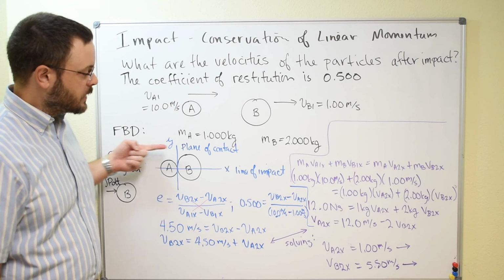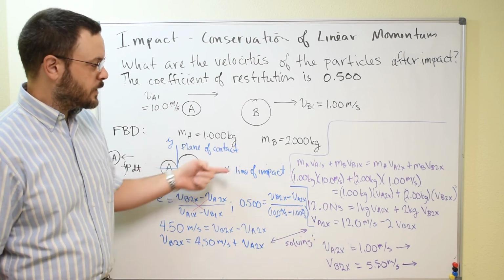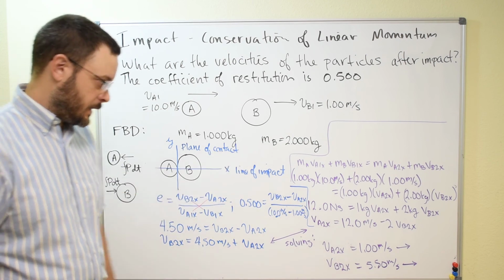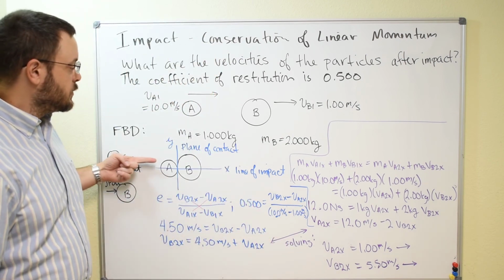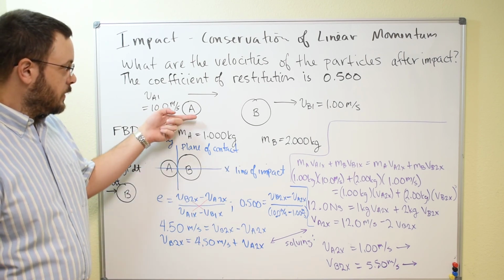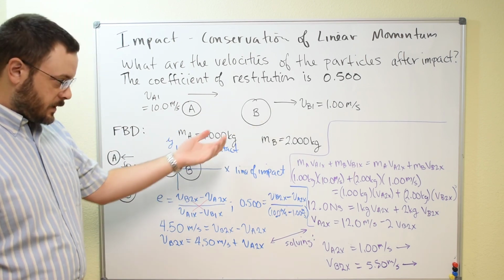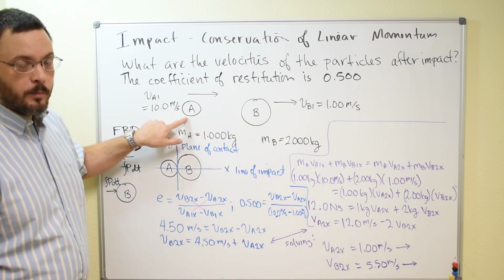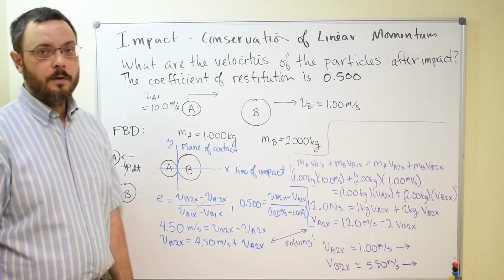That means it's moving in the positive x direction, in other words, the positive direction along the line of impact. VB2x is also positive, so it's moving in this direction along the line of impact. So particle A has speeded up the motion of particle B. It's taken most of the momentum out of particle A, but particle A is still moving in that original direction.